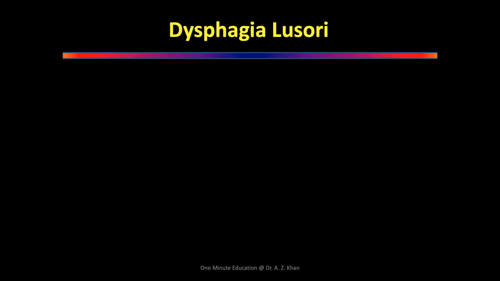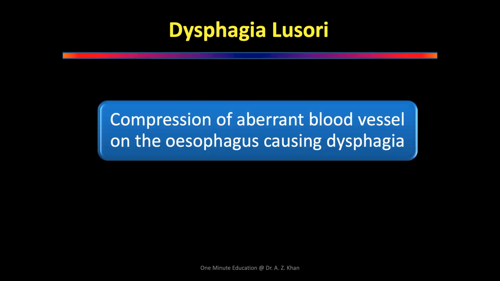So dysphagia lusoria is usually because of compression of an aberrant blood vessel upon the esophagus, and it causes dysphagia. Okay, what is the other name for this dysphagia? There's another half mark for you, or extra 1 mark for you. What is the other name for this dysphagia? Who described it?